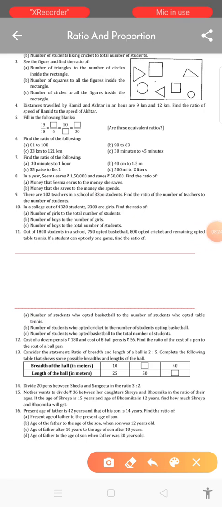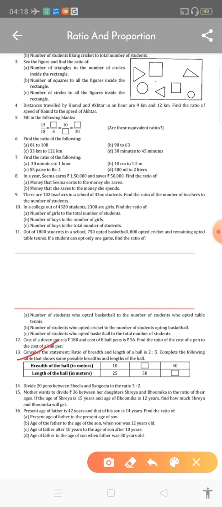Student, here question number 13 is given. You can see, consider the statement: the ratio of the breadth and the length of a hall is 2:5. This is given, ratio 2:5. Complete the following table that shows some possible breadths and lengths of the hall.